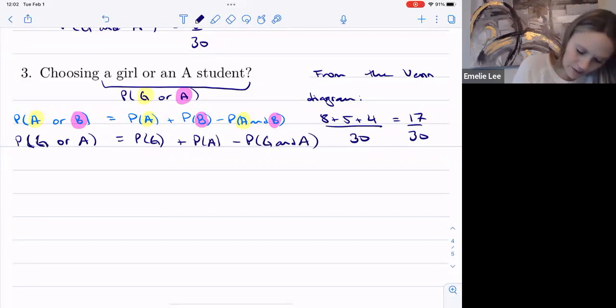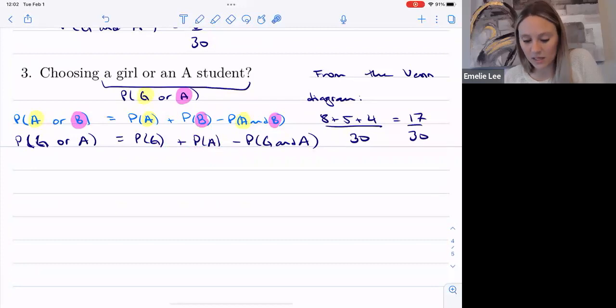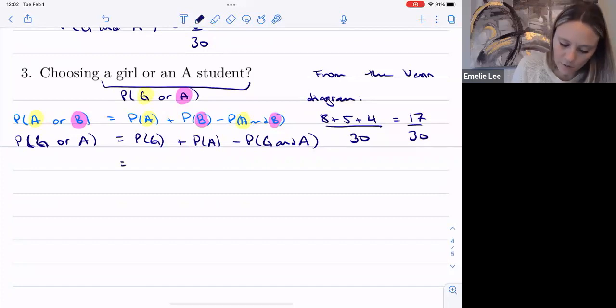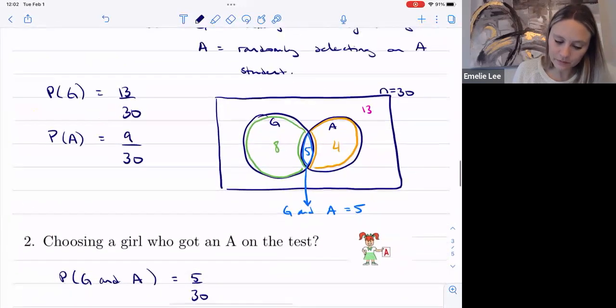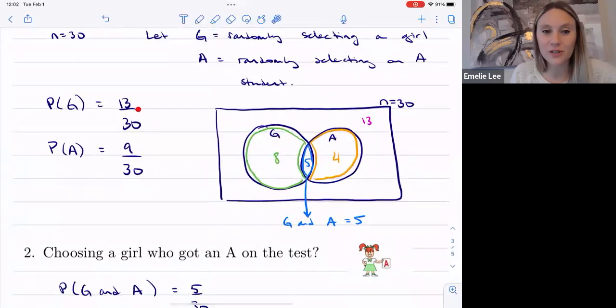It's kind of glitching out, I think because it's a page break there, but that's okay. Now I have all these components, because we have already been asked to solve for the probability of G, the probability of A, as well as the probability of G and A. So I have the probability of G is 13 over 30.